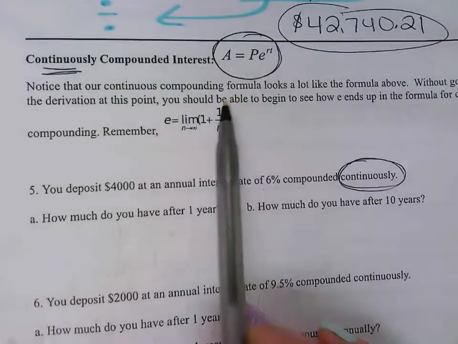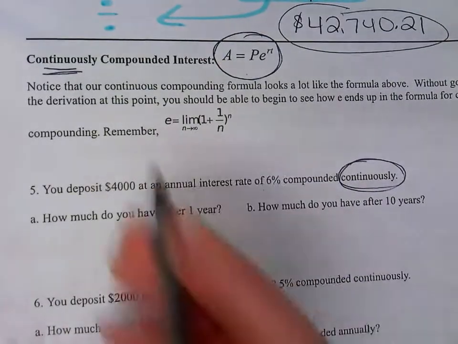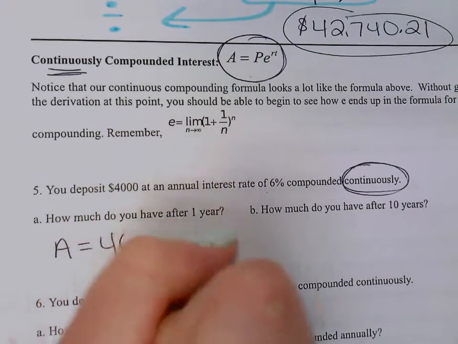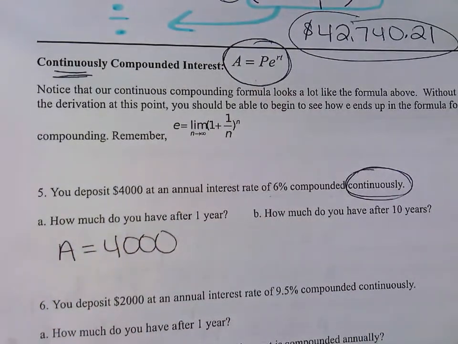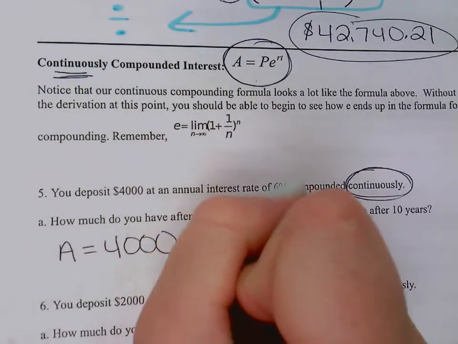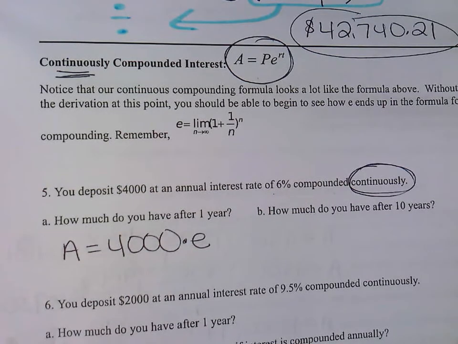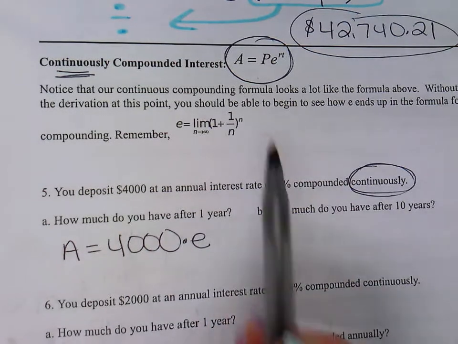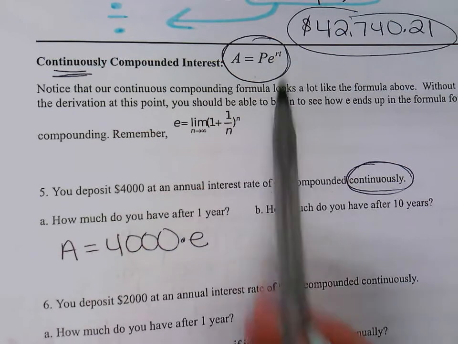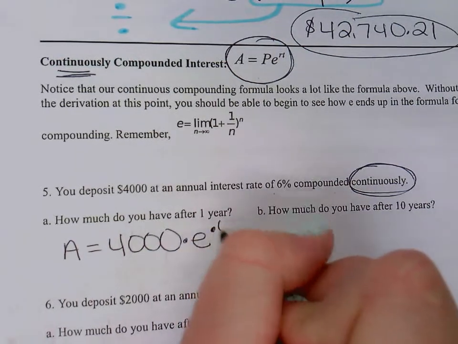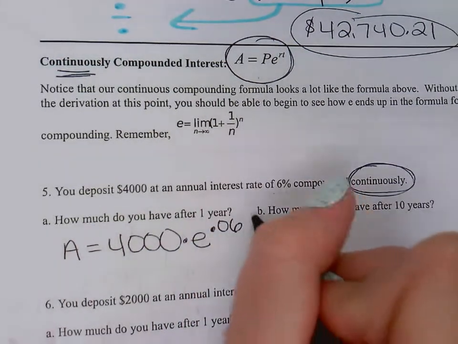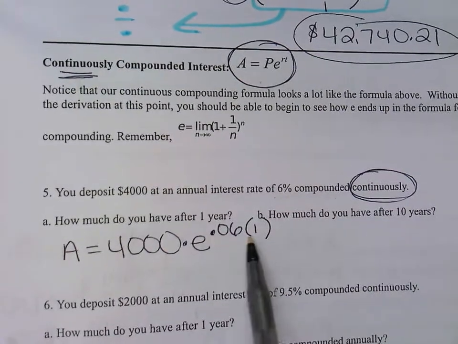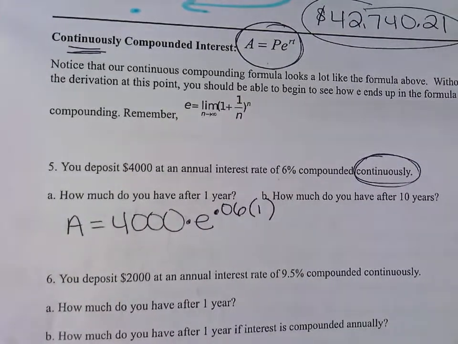So my formula says the amount is equal to your principal, what you invested, 4,000, times E, E is on your calculator as a constant, to the RT. R is interest rate, so 0.06, and T is time. So I'm going to do 0.06 times 1 on my calculator. So you're typing it in using the constant for E. Don't abbreviate or round E.